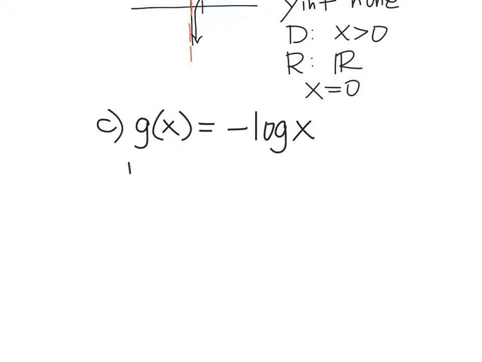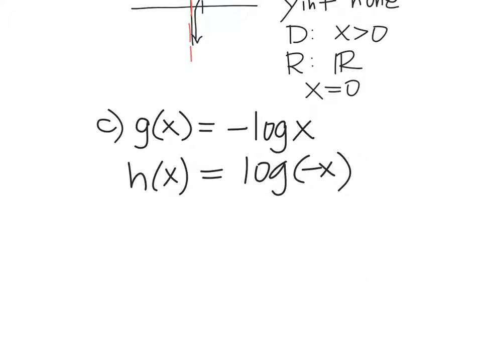Here, let's talk about this real quick. Let me write this one down too. So this first one is taking the entire log and making it negative. So it's taking all your y values that were positive, making them negative now. So that would be a reflection over the x-axis. This one's taking all of your positive x values and making them now negative, so you're reflecting over the y-axis.